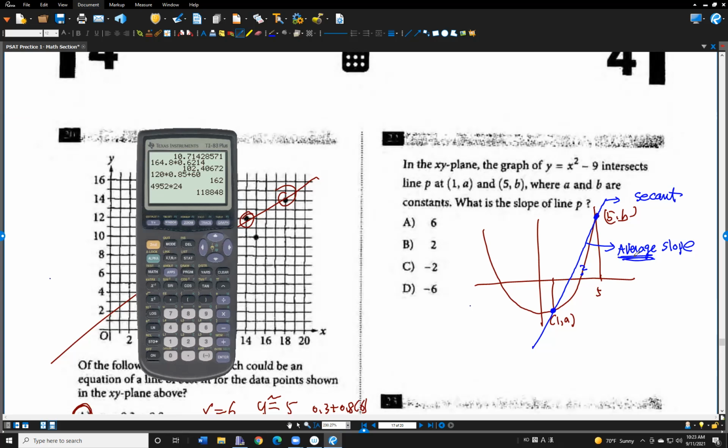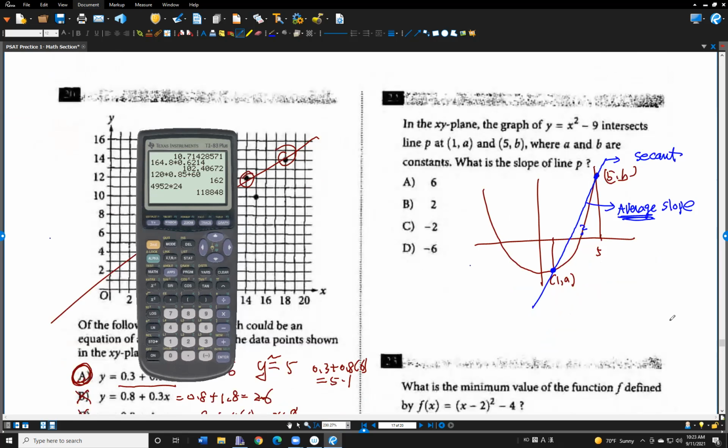How can you find the average slope? This is the average rate of change, same thing: change in y over change in x. How can you find b? Put this number 5 into the equation: b equals 5 squared minus 9 equals 16, isn't it? What about a? a equals 1 squared minus 9, which is negative 8.